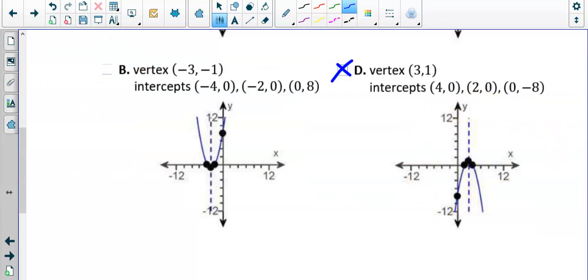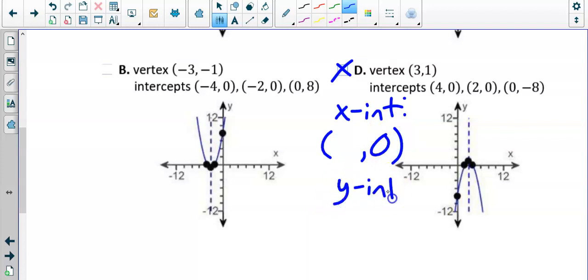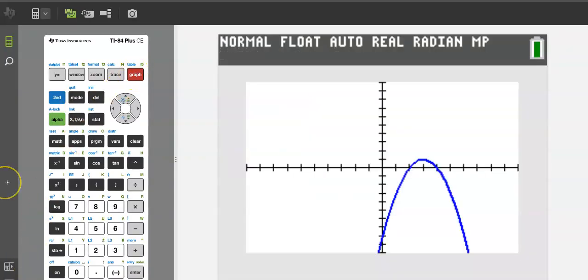So remember, for the x-intercepts, look and see what happens when the y value is 0. For the y-intercepts, look and see what happens when the x is 0. But you don't have to use the table to do that. Remember, there are other ways. We can go into our graph.